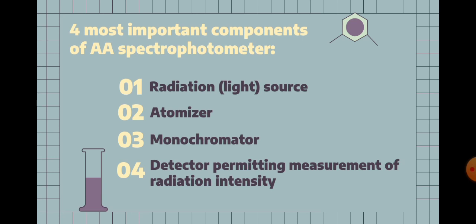So in other words, the monochromator is used for the separation of radiation. And lastly is the detector, permitting measurement of radiation intensity.